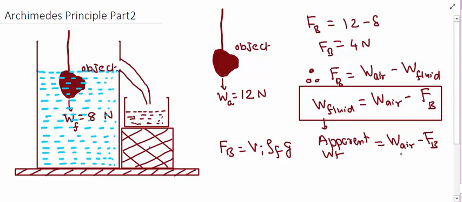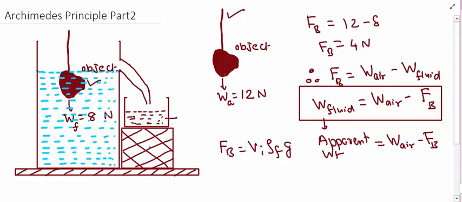Once again, I would like to stress that this is weight of the object in air. This is not weight of air. It is the weight of the object when it is in air, and upthrust is the force applied by the liquid on this. Apparent weight will be this weight inside the fluid. Secondly, the weight of this water collected over here, according to Archimedes principle, is upthrust.